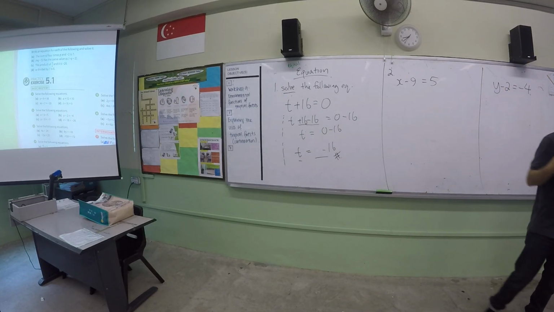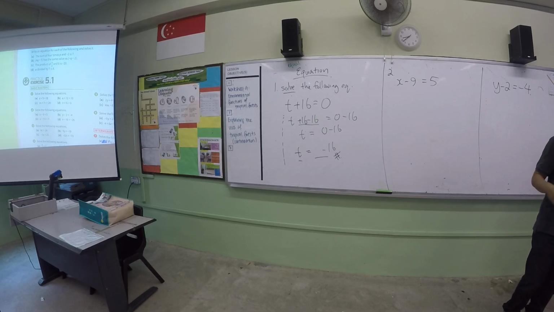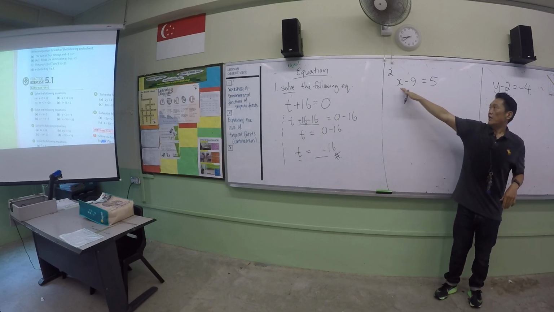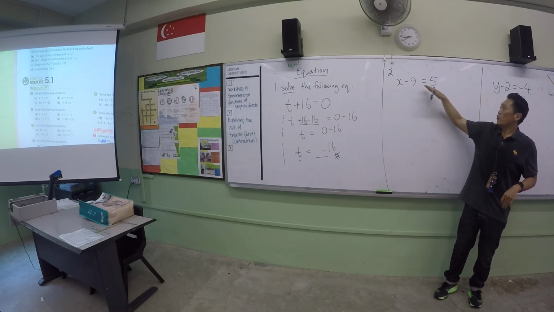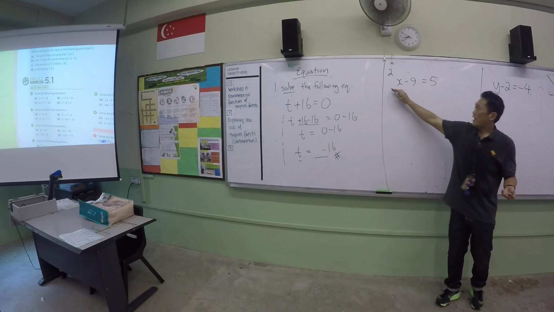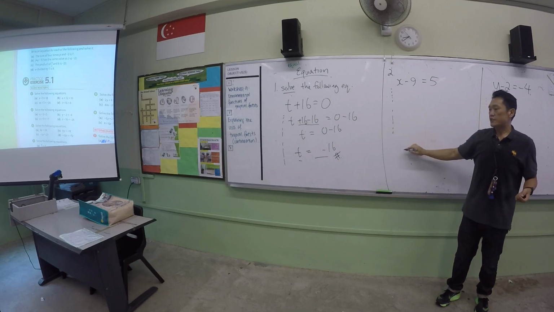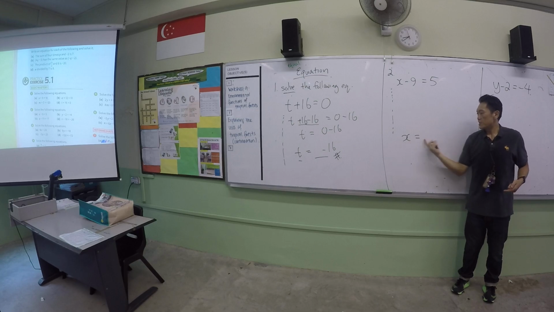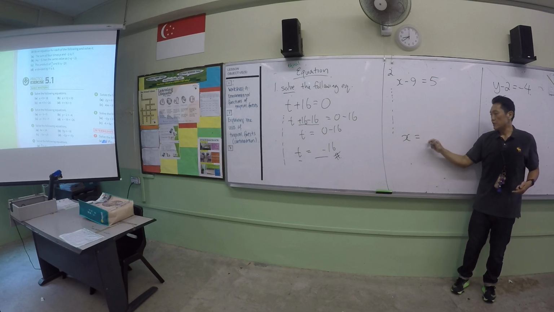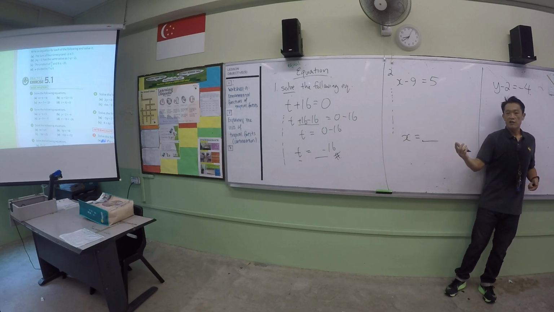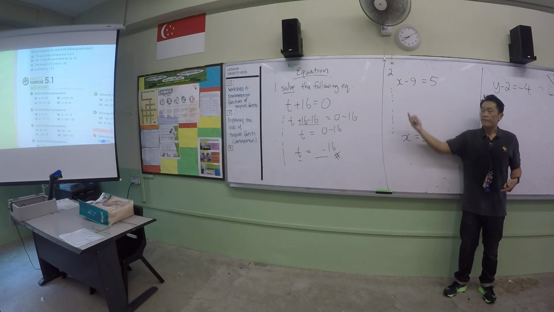Question 2 is exactly the same idea. I want to know what is this value of x that will make left and right the same. So I can also say, write equivalent equations until the equation looks like x is this number.